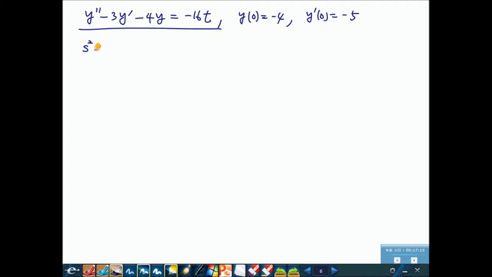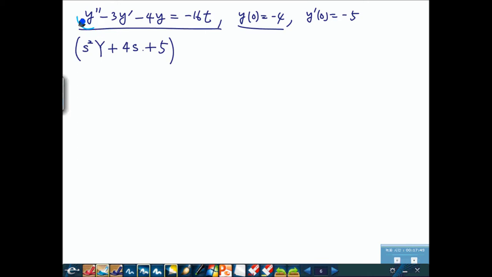S square, since it's second order, you need s square times big Y, the Laplace of y. And the first initial condition, which is minus 4, you're taking that out. So plus 4 times, since it is second order, you need the lower order of s. So it becomes 4s. And minus becomes a plus, right? That's the first term.